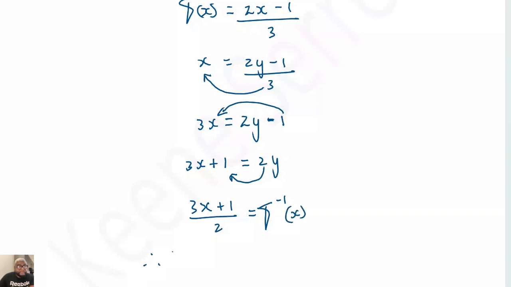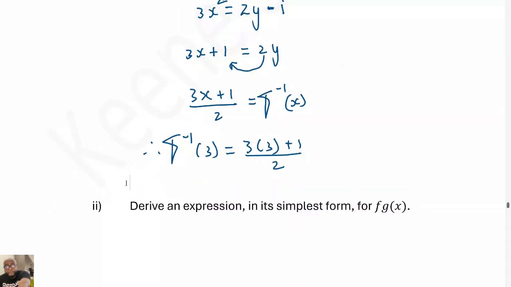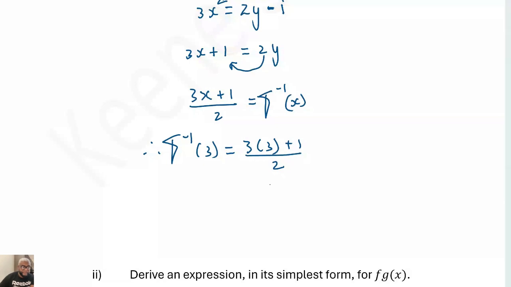Now, the question asks me to find f negative 1 of 3. So what do I replace x with here, my children? 3 by 3 plus 1 over 2, which will give me what? What is my answer? 5. This is 9 plus 1, 10, 5, right?